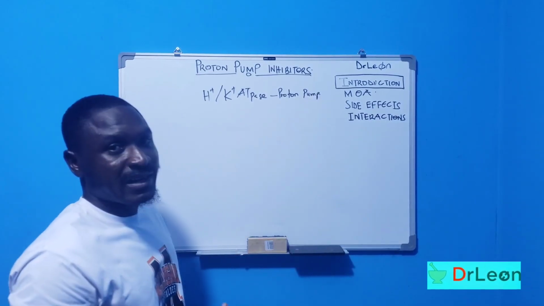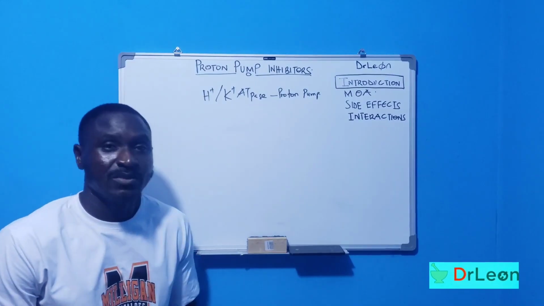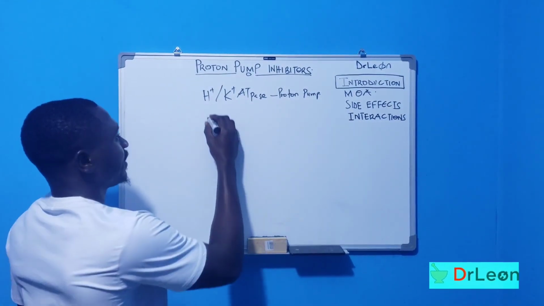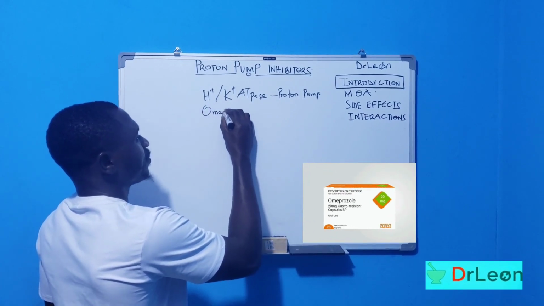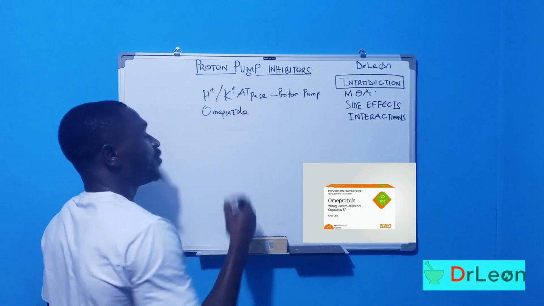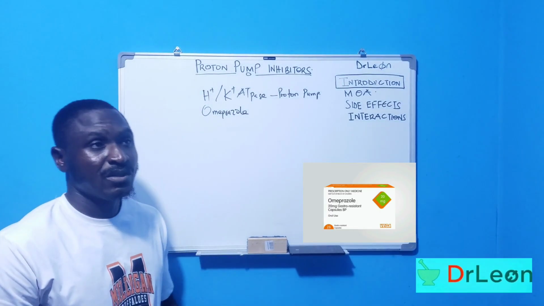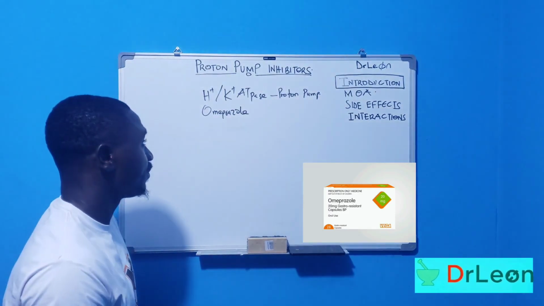There are examples of these proton pump inhibitors, and some of them are omeprazole. Omeprazole was the first proton pump inhibitor to be FDA approved.